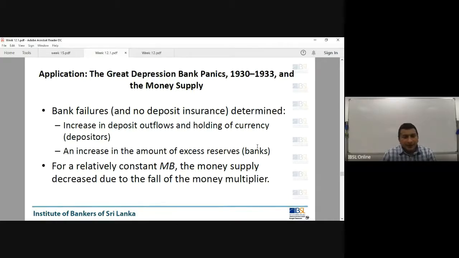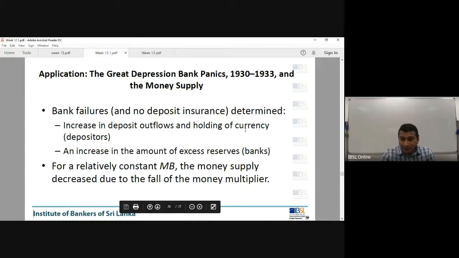The money supply decreased due to the fall of the money multiplier. What is the money multiplier? 1 plus C over small r plus small e plus small c.